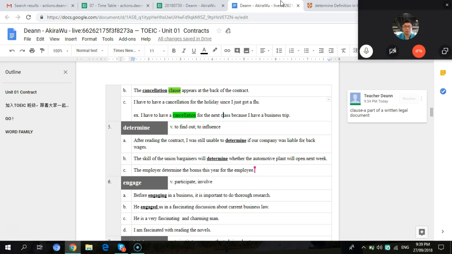The skill of the union bargainers will determine whether the automobile plant will open next week. Employer determine has bonus this year for the employee.